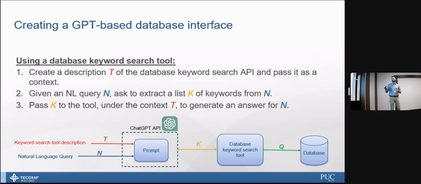So the idea here is to move some of the complexity from ChatGPT to this search tool. And this search tool will take care of all the aggregation, all the joins, and all the filters that are needed to create the SQL query. And by doing so, we are able to create less complex and also smaller prompts that are fed to ChatGPT.